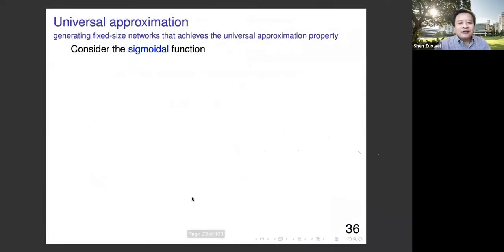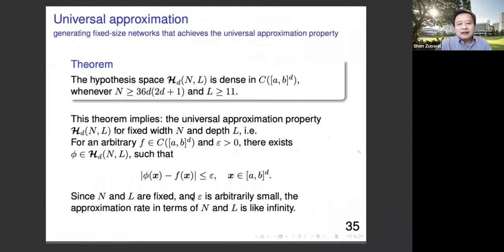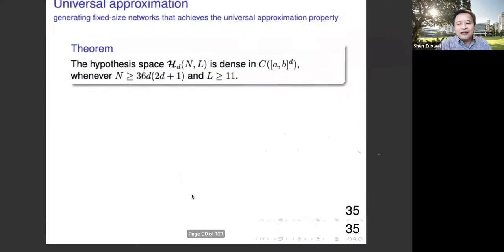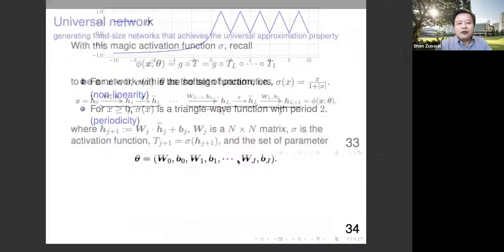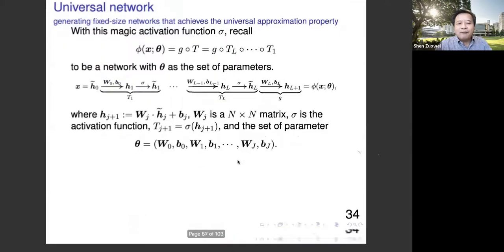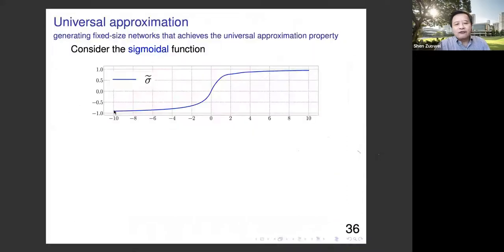As I told you, people normally don't like this kind of activation function, this triangle wave. People want a sigmoid type of function, something like this function, which goes from minus infinity to close to -1, then switches and stays close to 1.